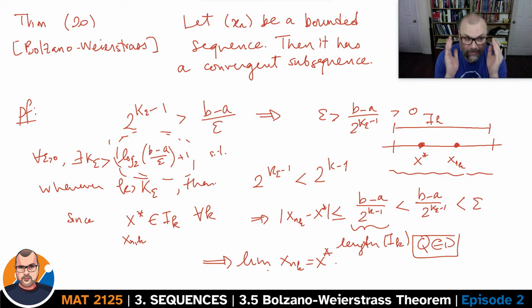Bolzano-Weierstrass theorem. This theorem has everything. Think back to it. We're using the nested interval theorem. We use the definition of the limit of a sequence. We're using mathematical induction. This is a perfect example of how all of the analytical pieces fit together.